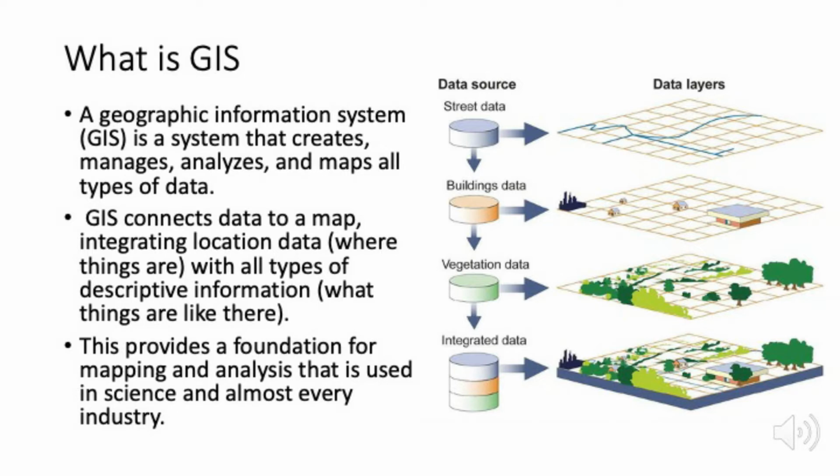GIS connects data to a map, integrating location data, so it helps you see where things are and how they are related to each other. For example, how a tree is related to the ground and how the ground is related to water, tree, cattle, and vice versa.